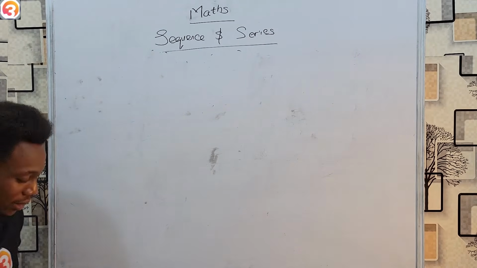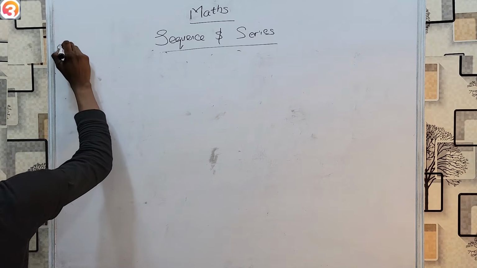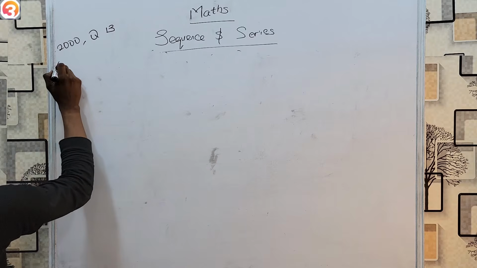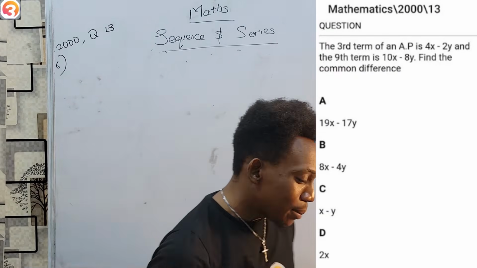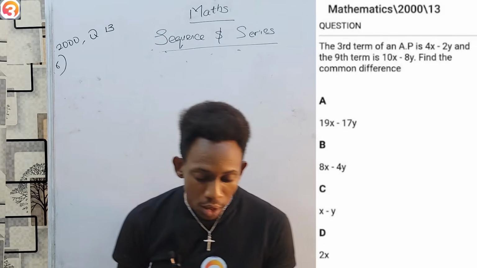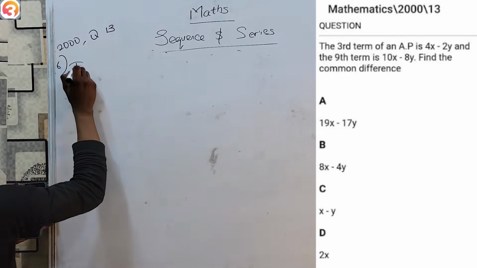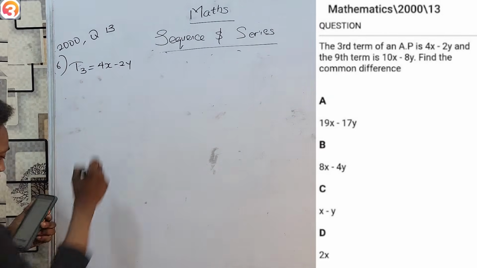So I believe our 6th question for this topic, this time from the year 2000, this is question 13. This one says that the third term of an AP is 4x minus 2y. Let's see, third term T3 equals 4x minus 2y.